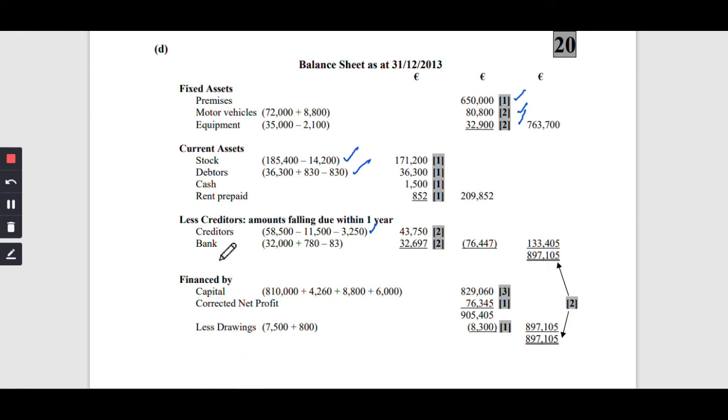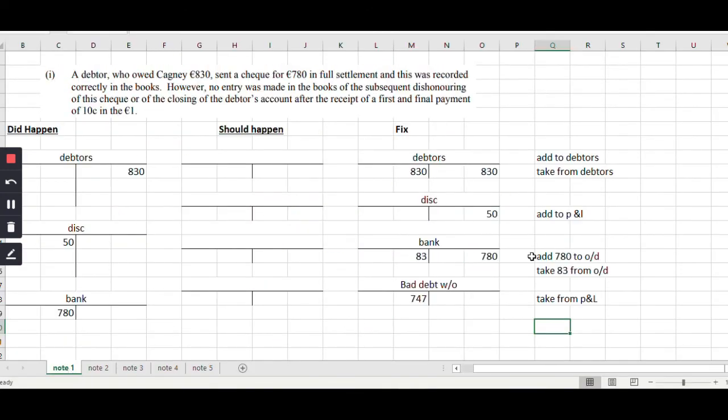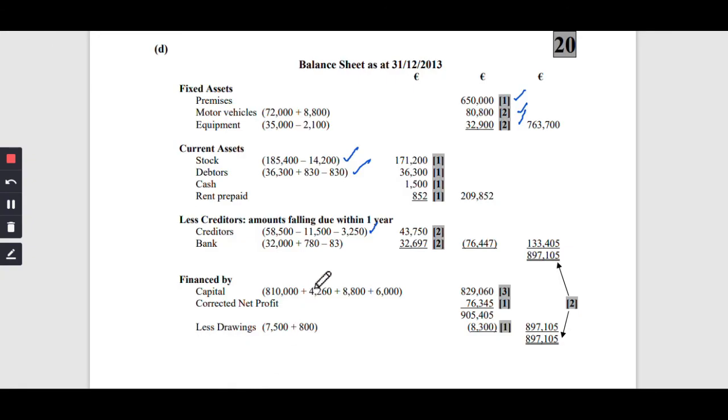The bank overdraft came from above, 32,000. If we go back to our notes, look for bank. Note number 1, add 780, take away 83. So add 780, take away 83, 32697.